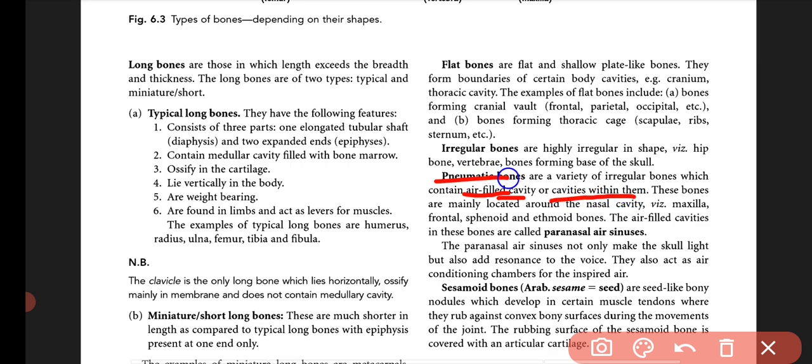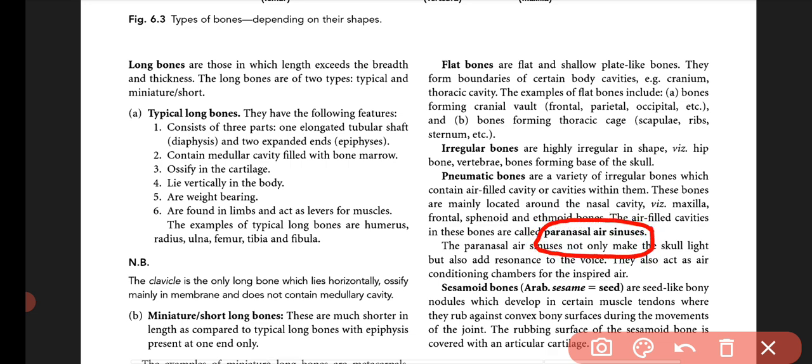Examples of pneumatic bones are the maxilla, frontal, sphenoid and ethmoid around the nasal cavity. These contain air-filled cavities, which are called the paranasal sinuses.